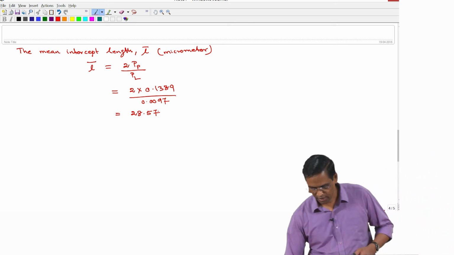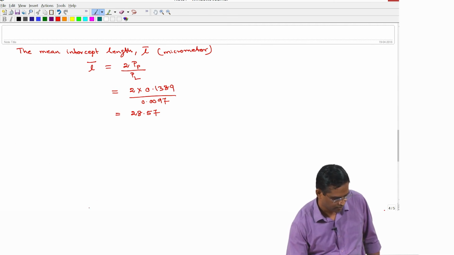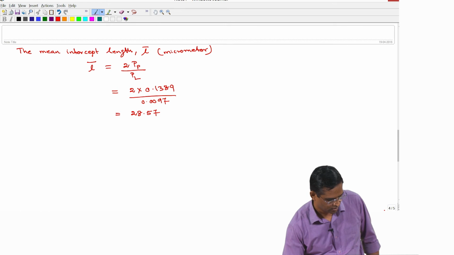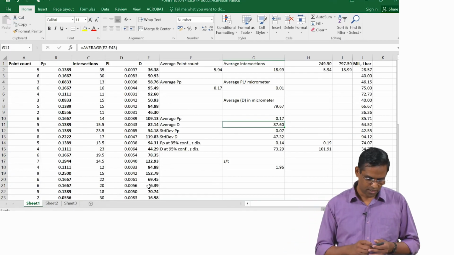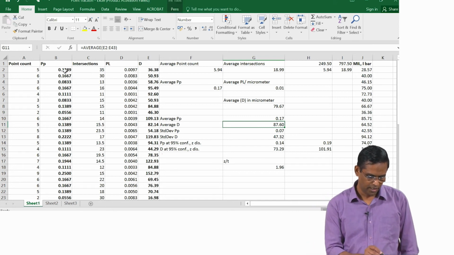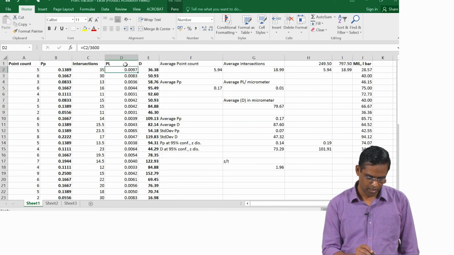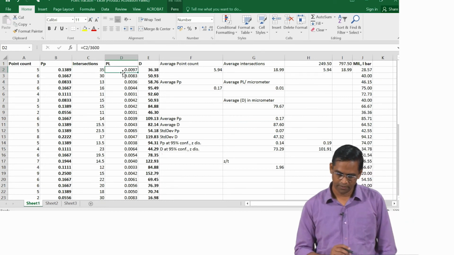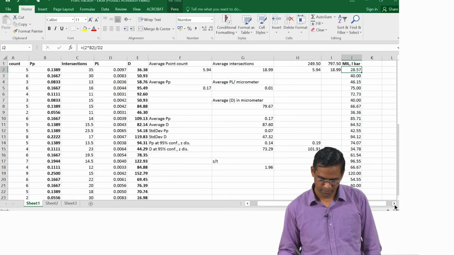If I go back to this Excel sheet, what I have taken are these two values, and this is the value I have got, as shown in the calculation.